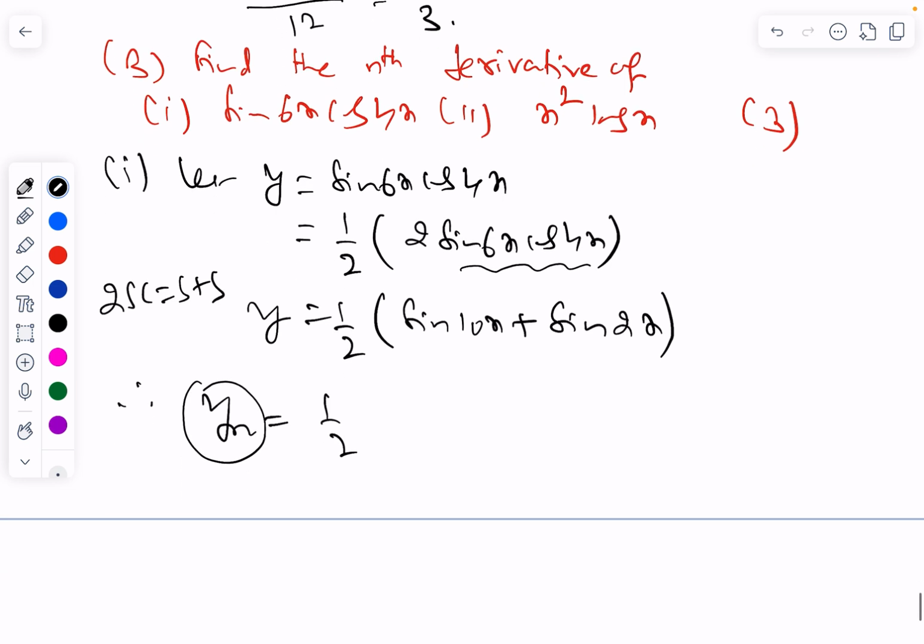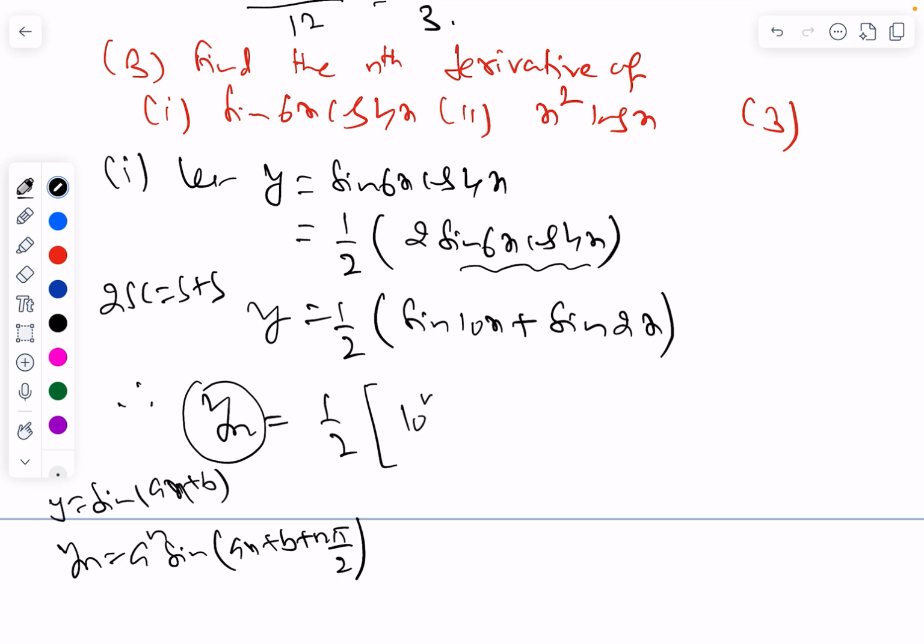We know the nth derivative of sine ax plus b. So if y equal to sine ax plus b, the nth derivative is a power n sine of ax plus b plus n times pi by 2.